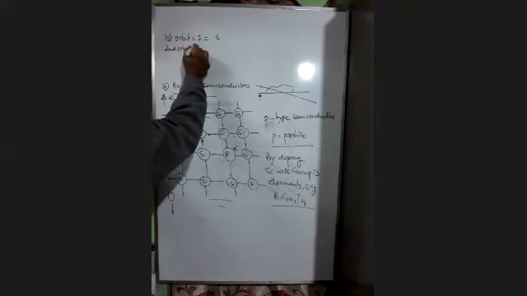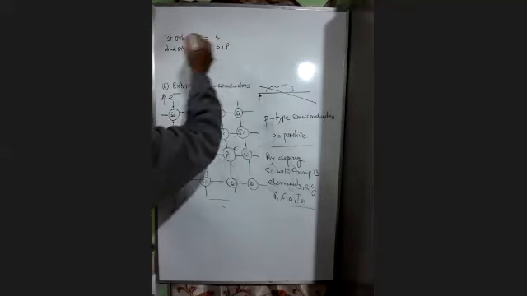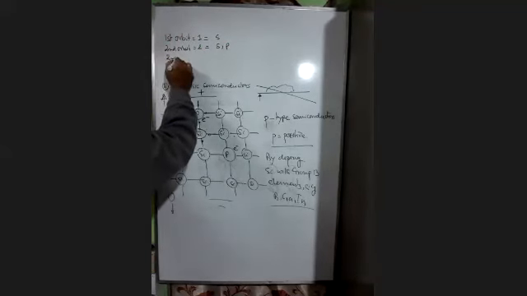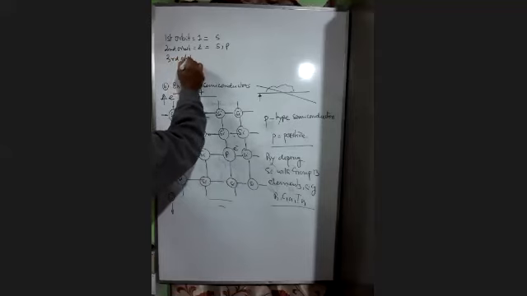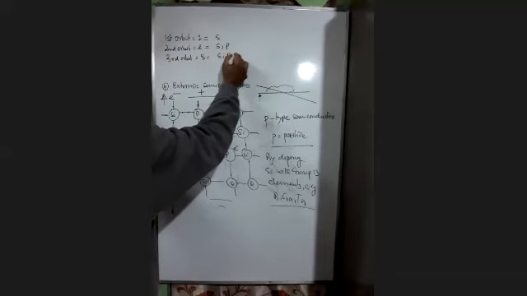Second orbit, it is 2, it has s and p orbitals. Third orbit, 3, it has s, p, and d.